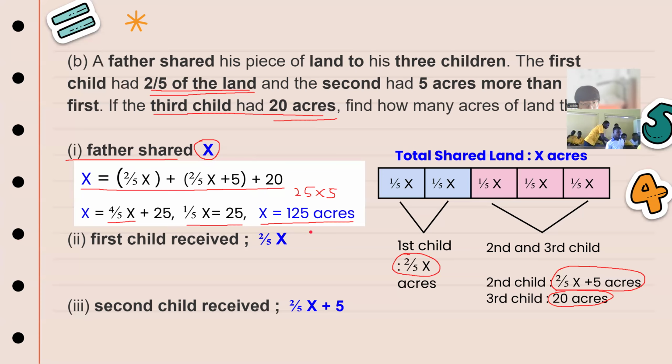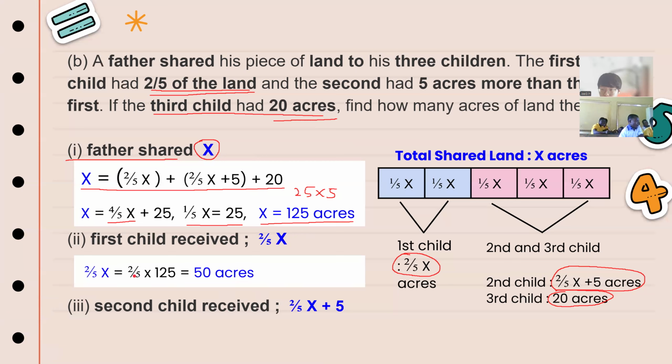If we found x, can you find how many acres of land the first child received? So what would be 2/5 times x?